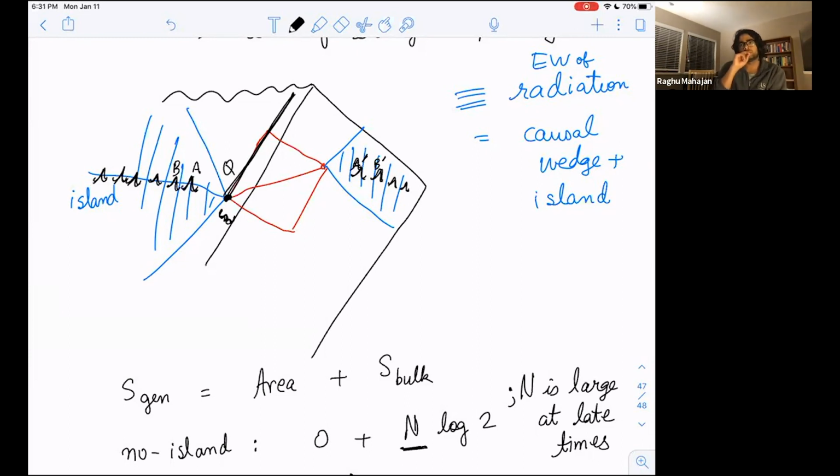Right. I would say that whatever it's entangled with, we should include that as part of our radiation. So if we make a black hole in a mixed state, it has some purifying system. And then we can just think of that system as a part of our radiation, and then the combined system is pure.